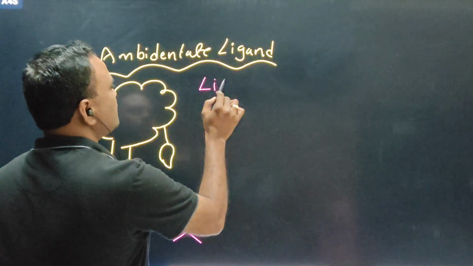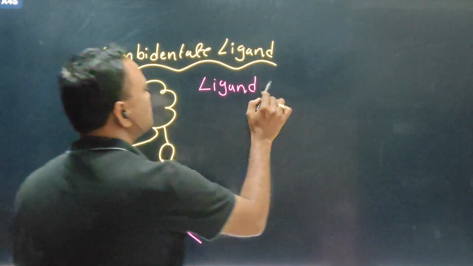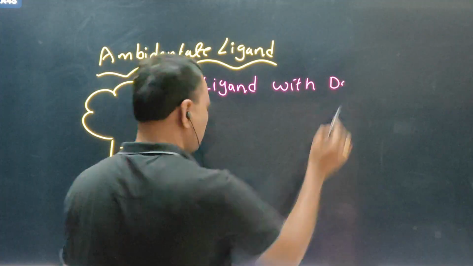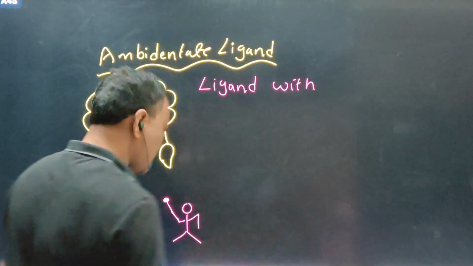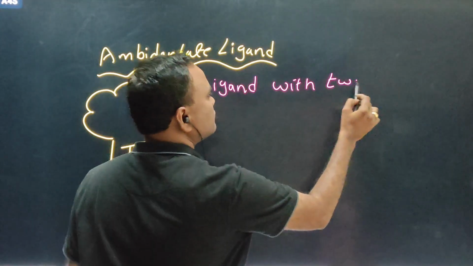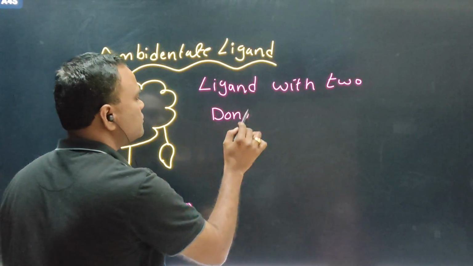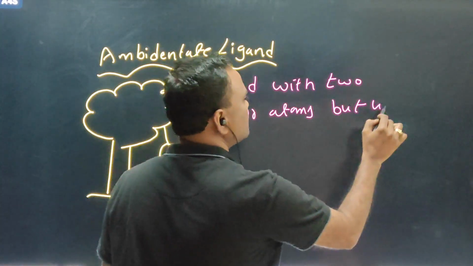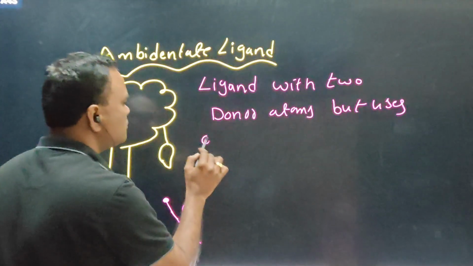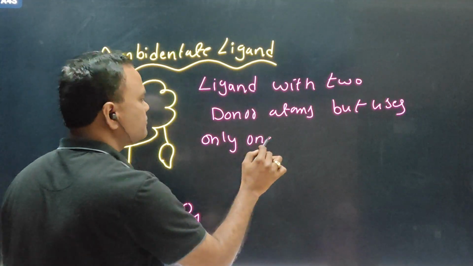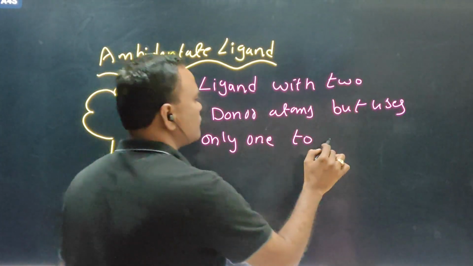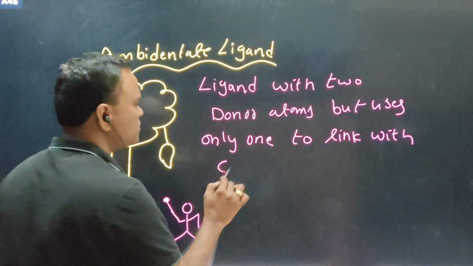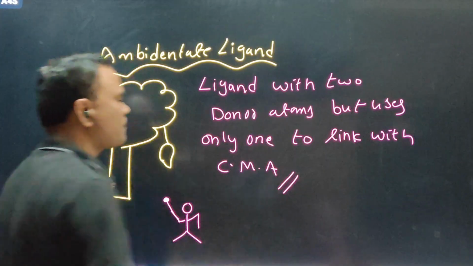Write the definition: ligand with two donor atoms, but uses only one to link with the central metal atom.